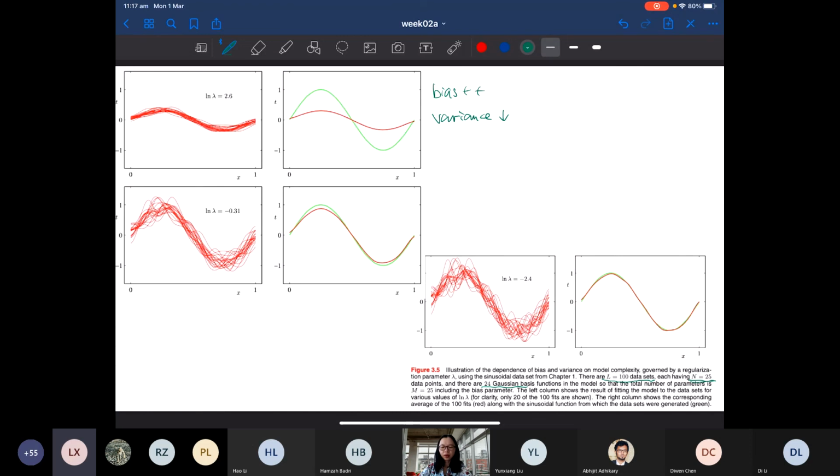In the last case, where lambda is small, the bias, basically the ability to fit the target sinusoid, is pretty good. But the variance is big, meaning there is lots of wiggling and deviation across different 25-point samples of the data set.